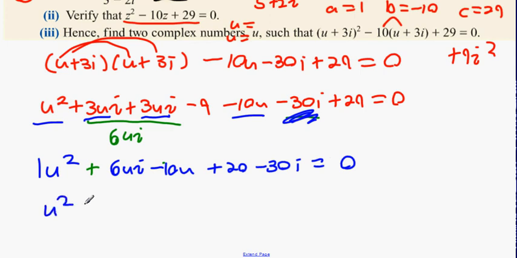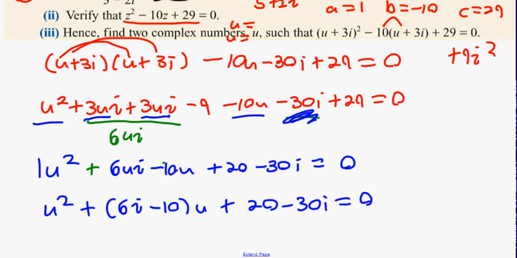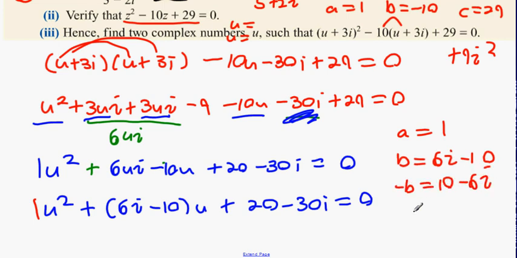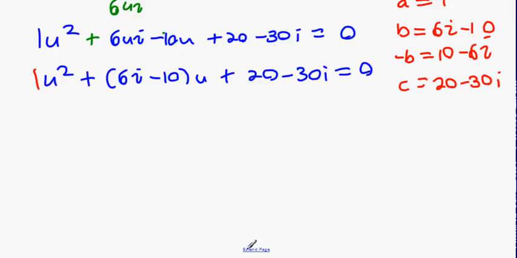Then we got to group it, so we got u squared plus 6i minus 10 times u plus 20 minus 30i times 0. So we can see here that a equals 1, b equals 6i minus 10, so therefore minus b is going to be 10 minus 6i, and then we can see that c is 20 minus 30i, and then we're going to put it into the quadratic formula, find out what u is.